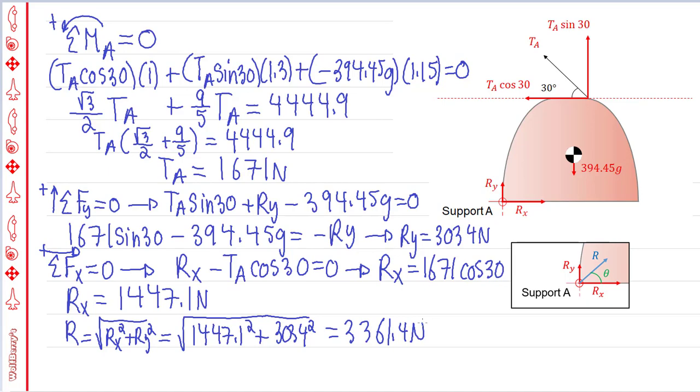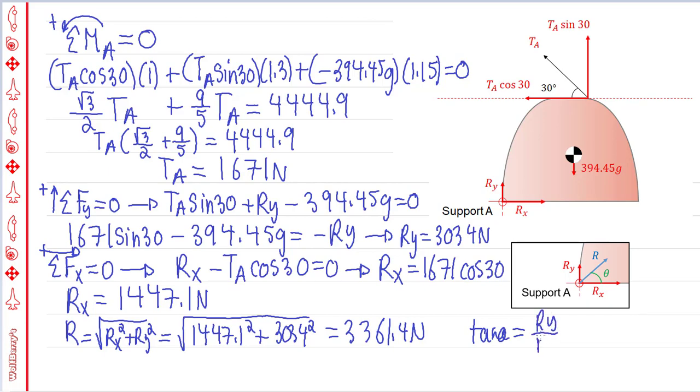Now to find the angle, we simply apply tan, so tan theta is opposite over adjacent. The opposite here is going to be, as you can clearly see from here, the same as that side there. That is Ry over Rx, Rx being the adjacent.